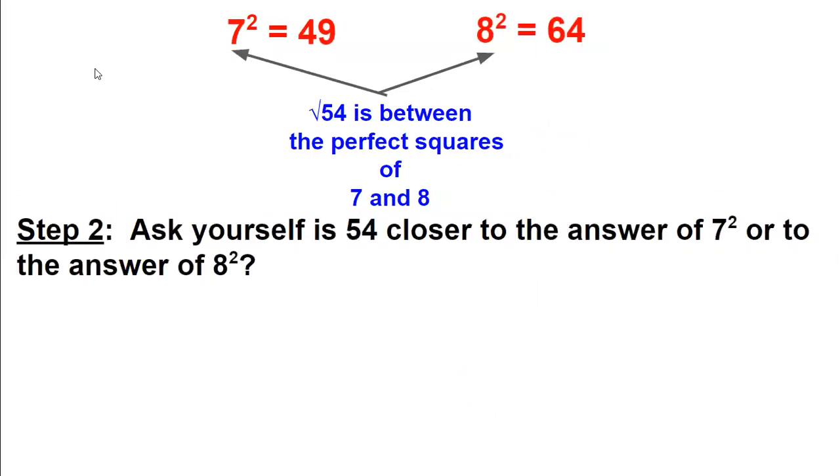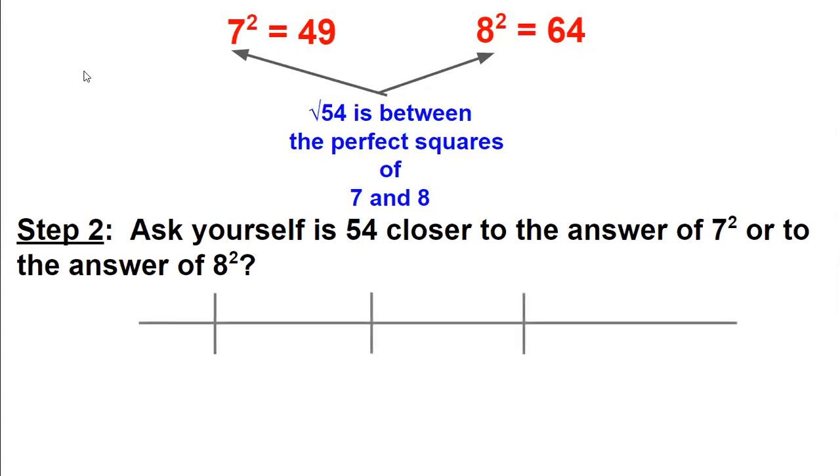Now we ask ourselves, is 54 closer to the answer of 7 squared or to the answer of 8 squared? Is 54 closer to 49, or is 54 closer to 64? What do you think? Do a number line. 7 squared is 49, 8 squared is 64.